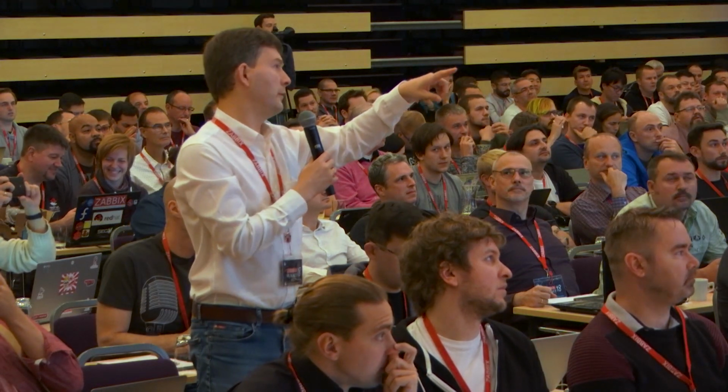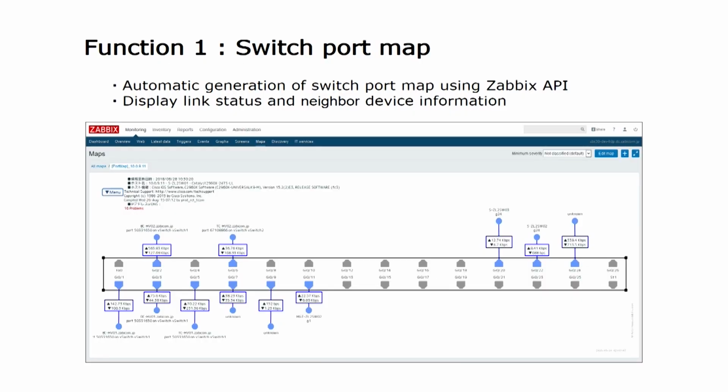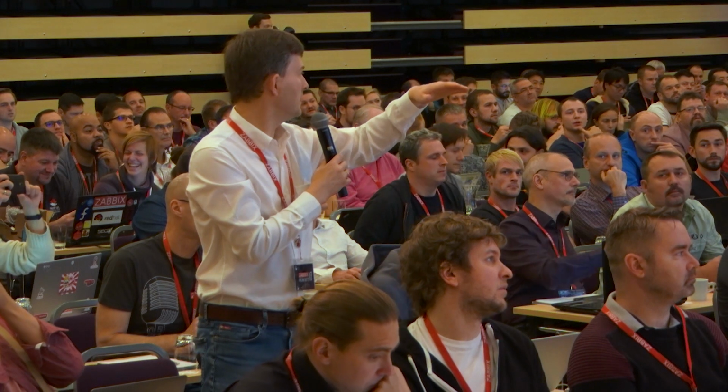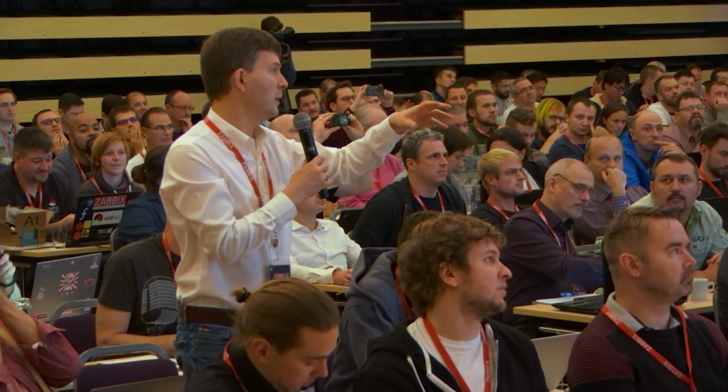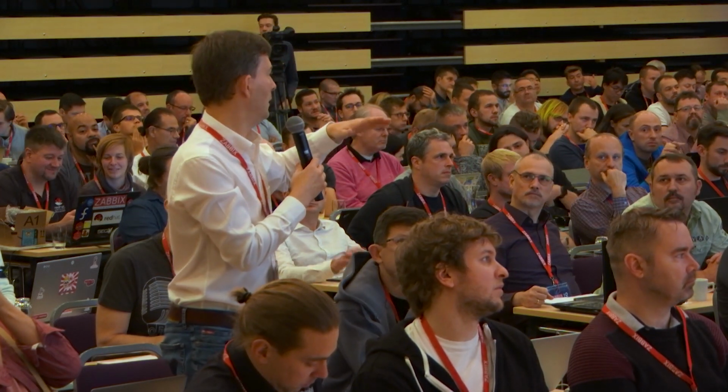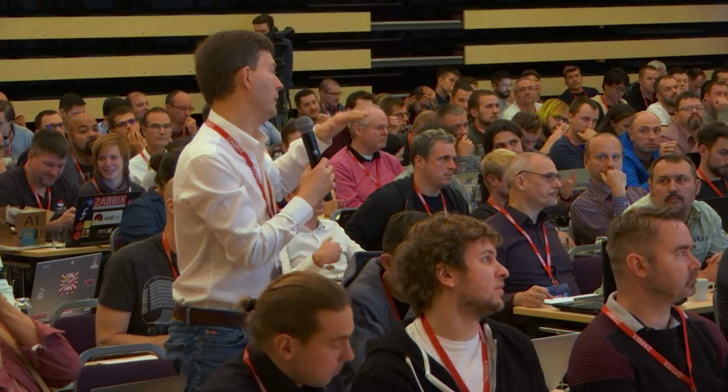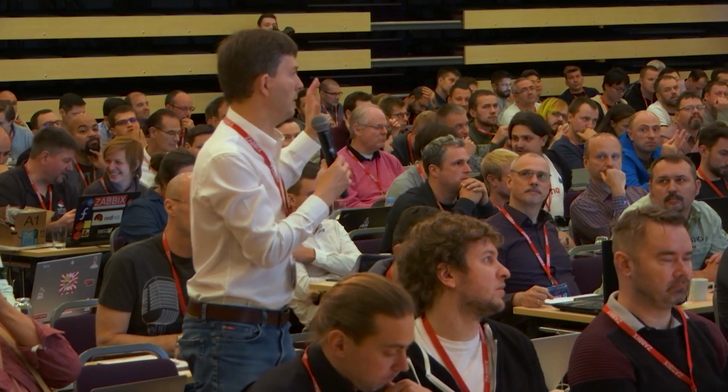You can see a physical view of the switch with all up-to-date information, with the status of the switches, with the bandwidth data, and so on. This is automatically generated. I think the next step to extend it even further is a higher level view, an auto-generated map. That would be an impressive solution.